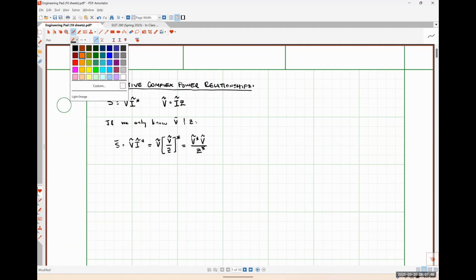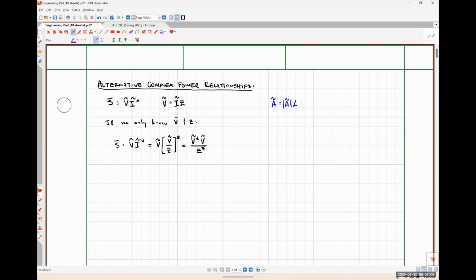So let's say that we have some complex number A, and I'm going to do this in polar form specifically because it'll make the math a little bit easier to follow, but it's not particularly difficult either way. So our complex number A might be represented as A, the magnitude of A, angle theta A, right? That's just our normal polar form complex number.